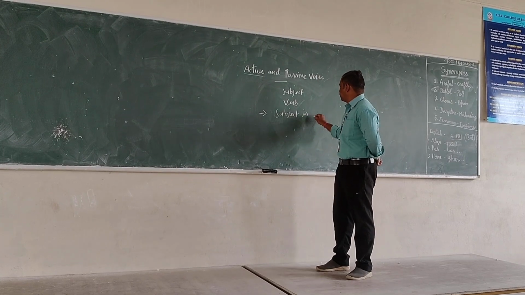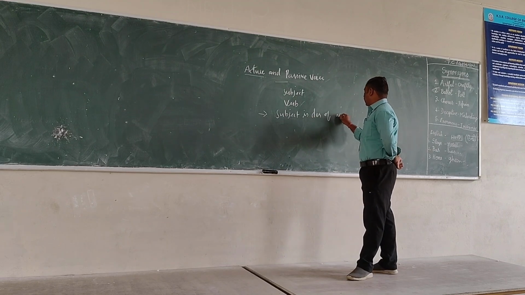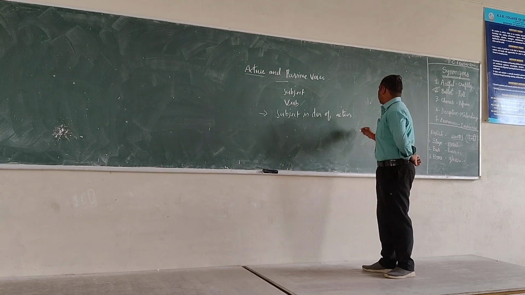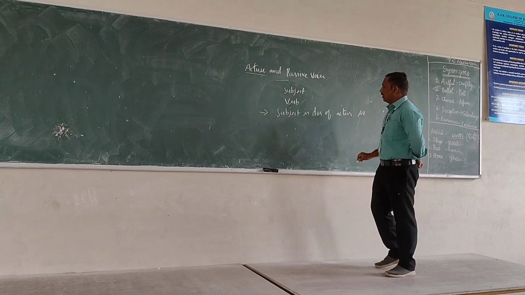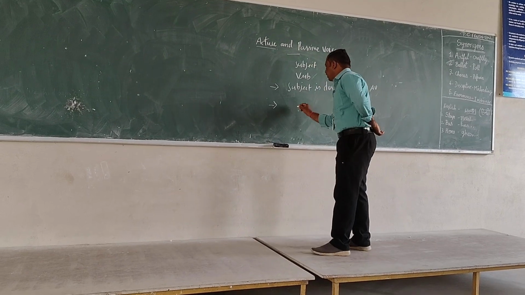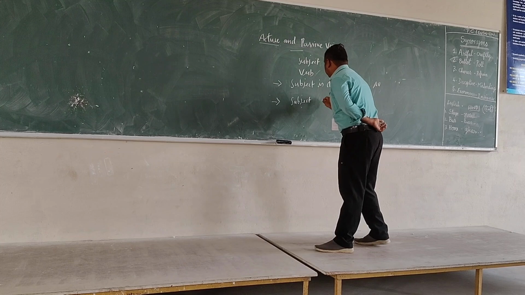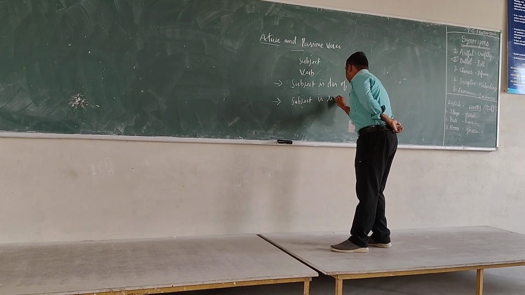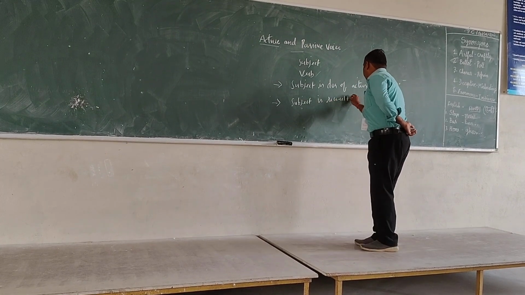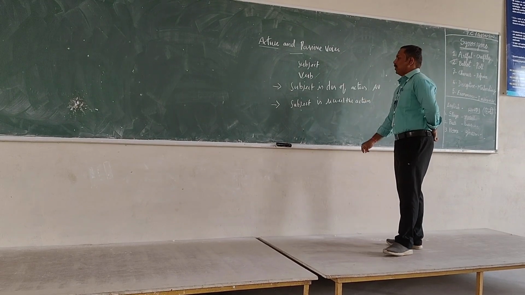The subject is the doer of the action. It is called the active voice. In the passive voice, the subject is receiving the action. That is called the passive voice.